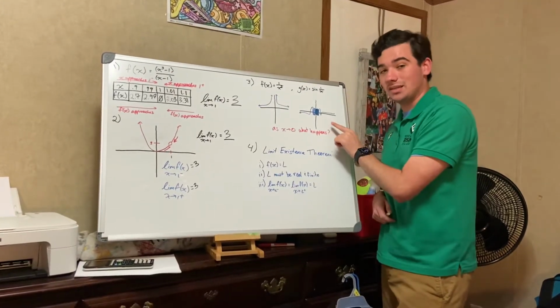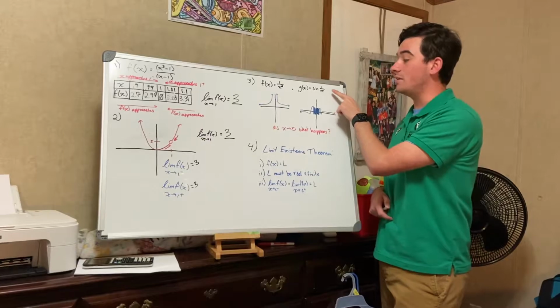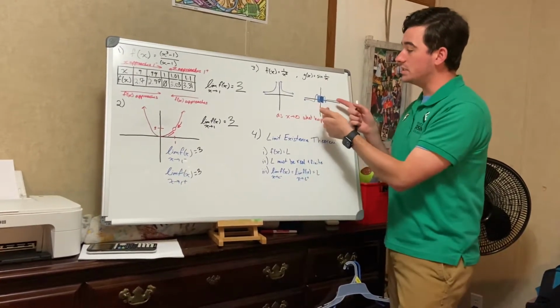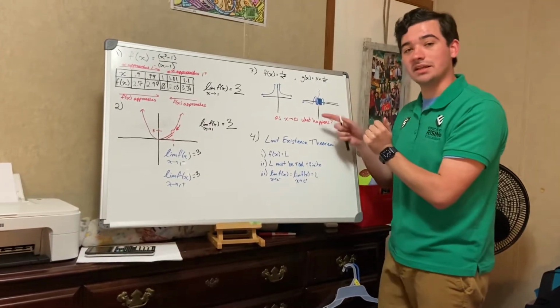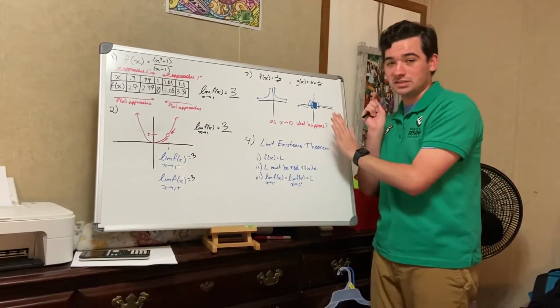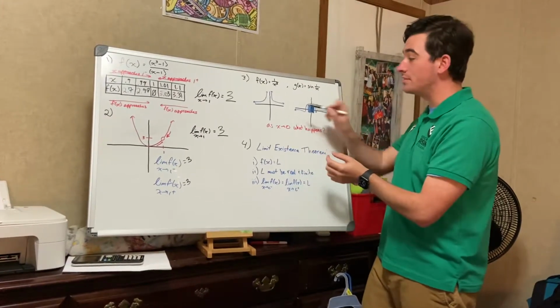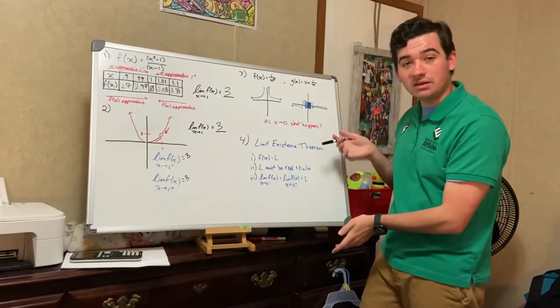The second exceptionality, for g of x equals sine of 1 over x as x approaches 0, we see that sine has this oscillating behavior. And I know it can be hard to see, but if you think of a normal sine graph or cosine graph, it's oscillating. It looks like a wave.